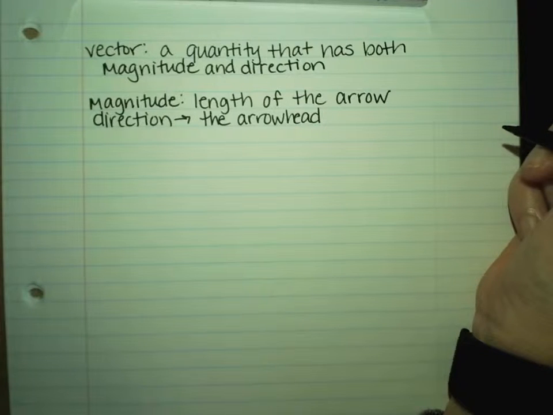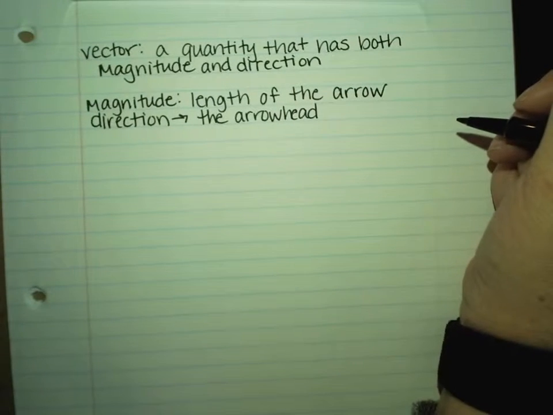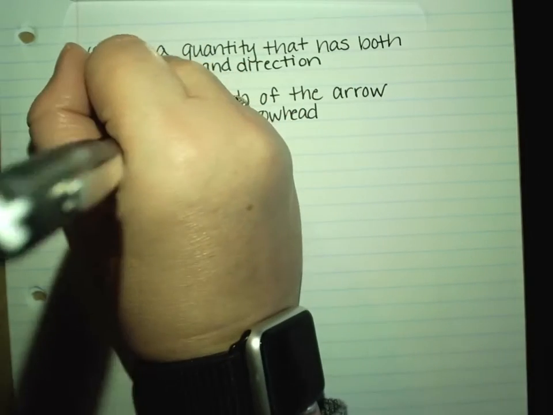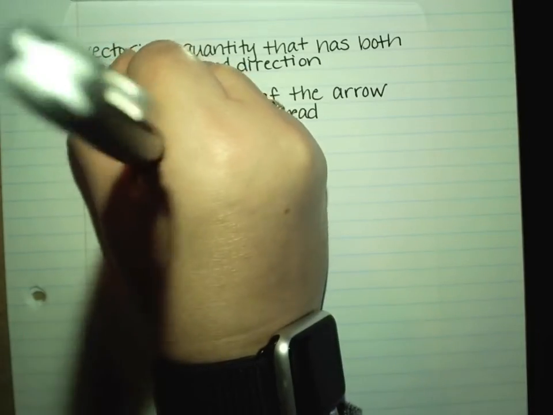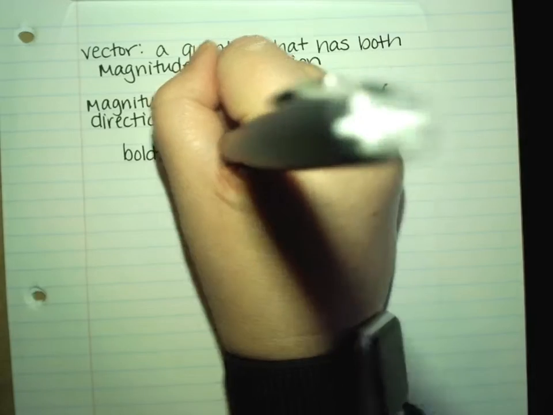We have two different types of notation when we're talking about vectors and magnitude. Oftentimes you'll see boldface, if it's typed.